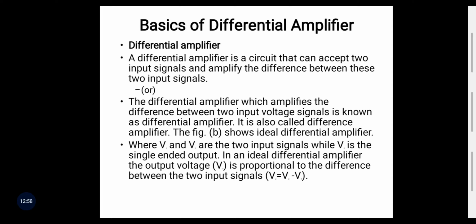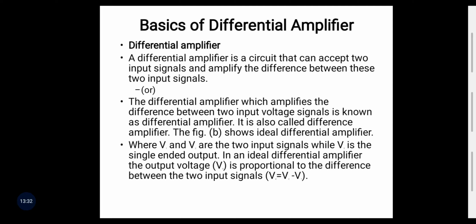V0 equal to A1 V1 plus A2 V2. Here V1 equal to Vc plus half of Vd, V2 equal to Vc minus half of Vd. Finally we get V0 equal to A1 into (Vc plus half Vd) plus A2 into (Vc minus half Vd), that is half of (A1 minus A2) Vd plus (A1 plus A2) Vc.